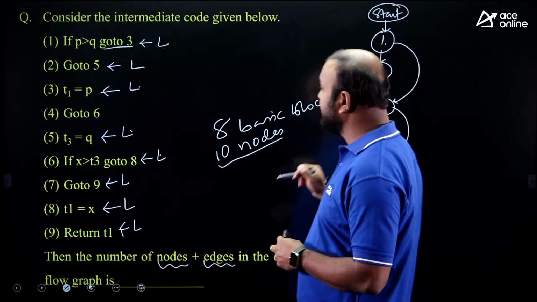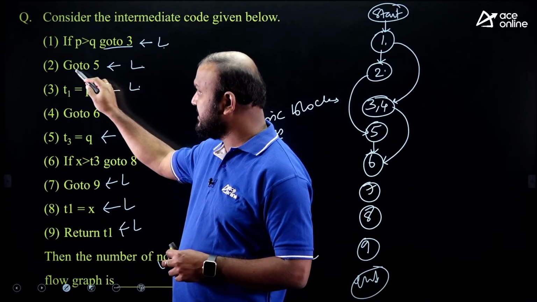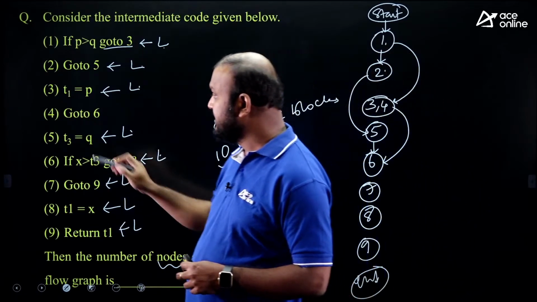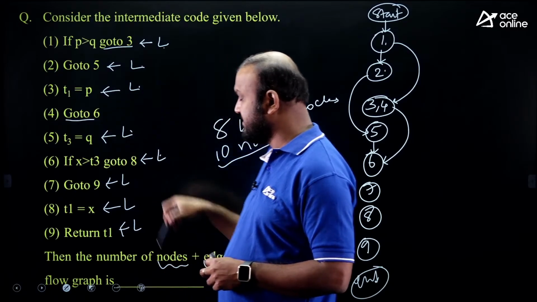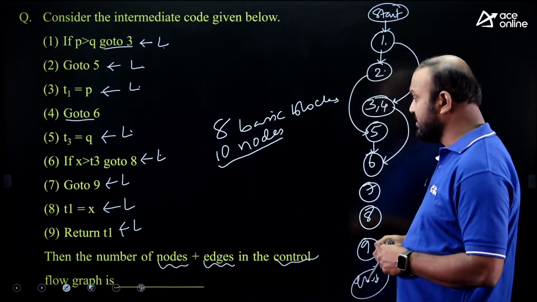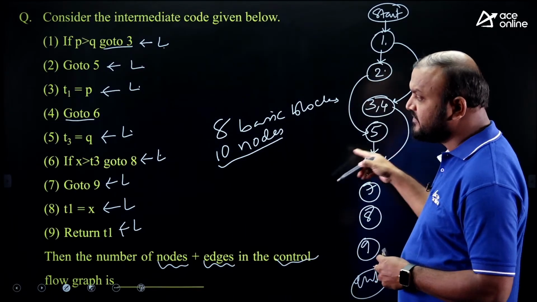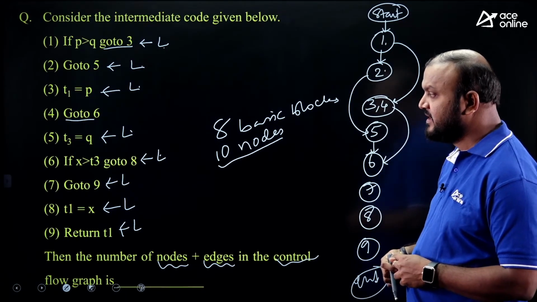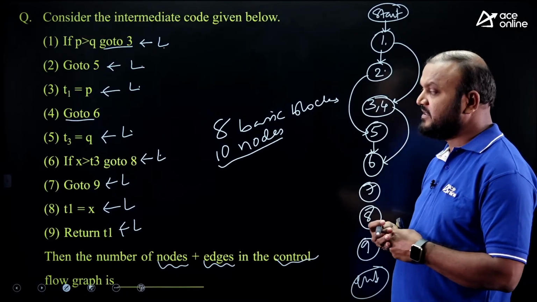Is it possible to go from 2 to 3? No, because it is a direct jump. Is it possible from 3, 4 to 5? No, because from 4 it is a direct jump. But after executing the fifth statement, there is no jumping; it goes directly to the sixth statement. The sixth is a conditional go to, x greater than t3.